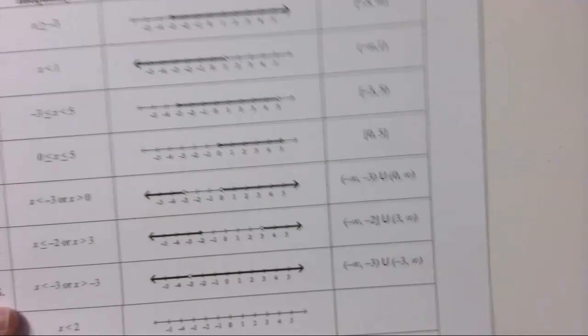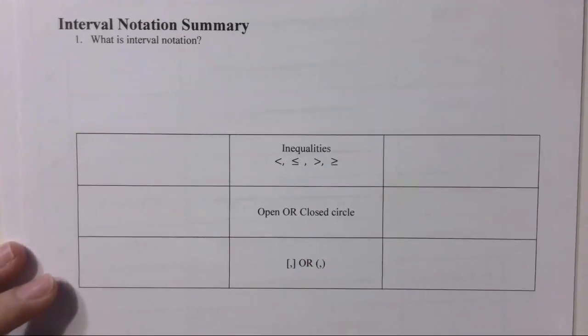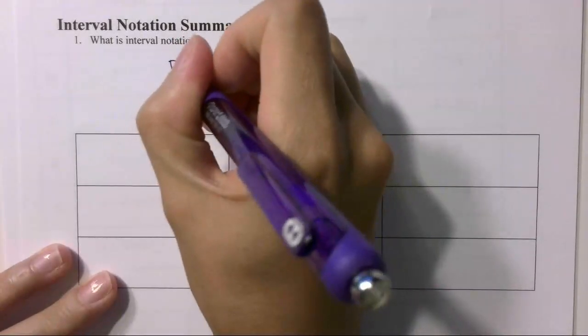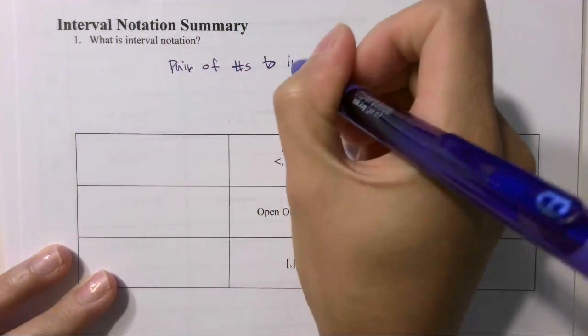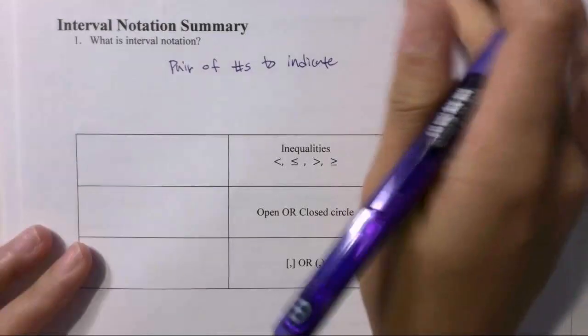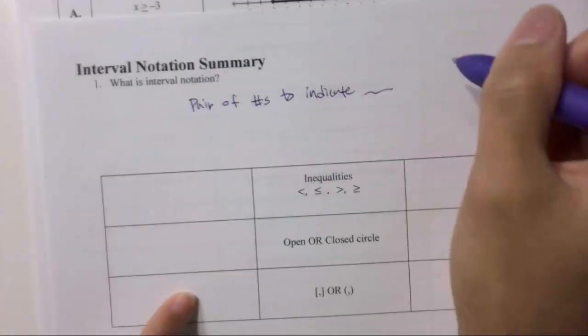So we're going to actually do the very last page first. That is the summary of interval notation. So what is interval notation? It's a pair of numbers to indicate the list, however you want to say it.